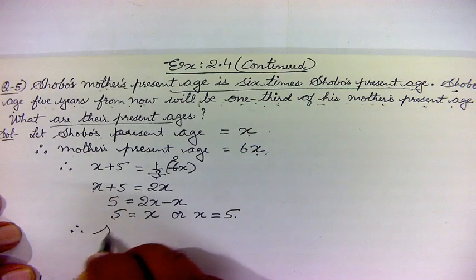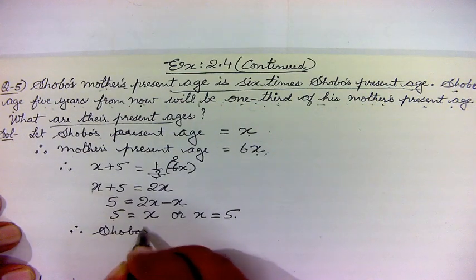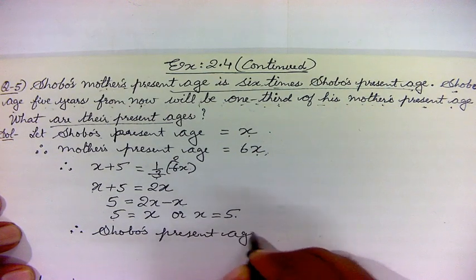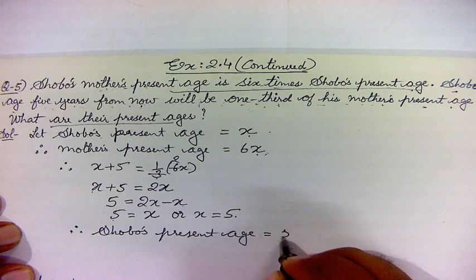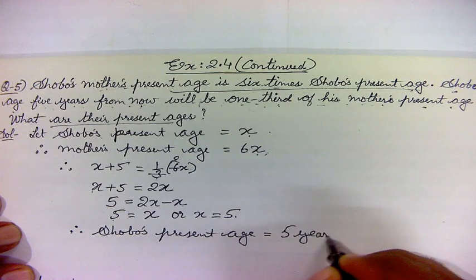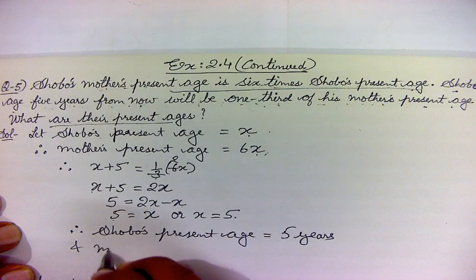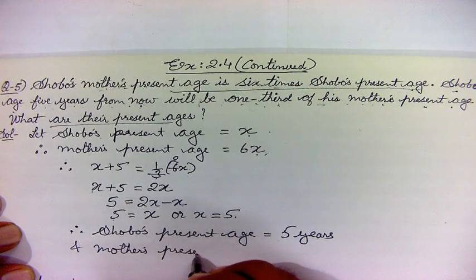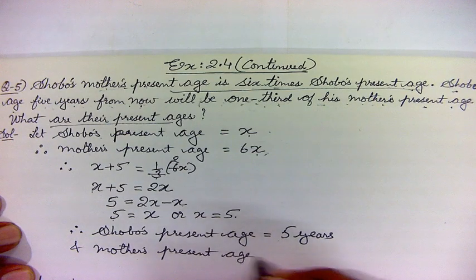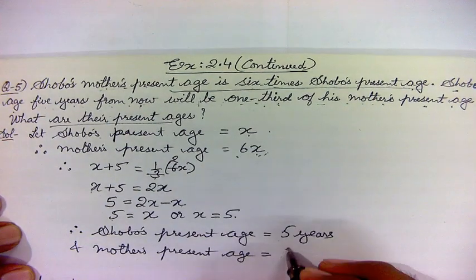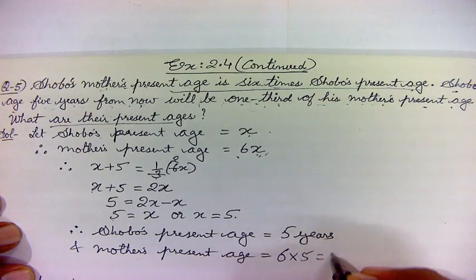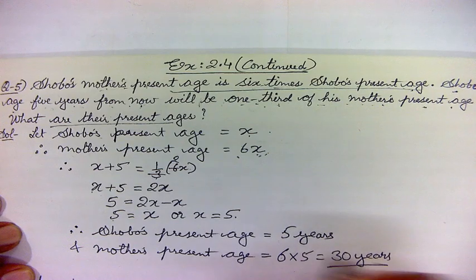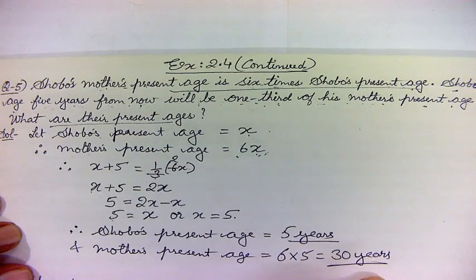Therefore Shobo's present age becomes 5 years, and mother's present age will be 6x, so it is 6 multiplied by 5. It becomes 30 years. So these are the ages.